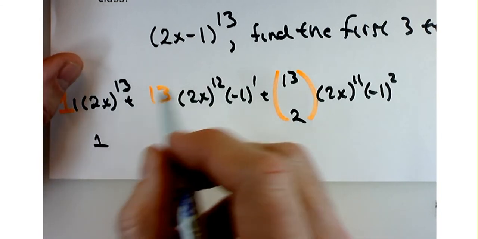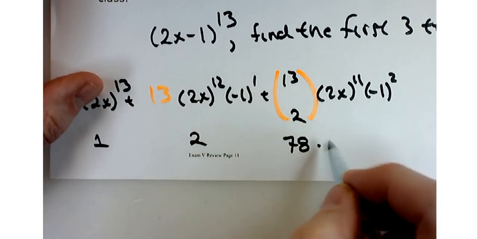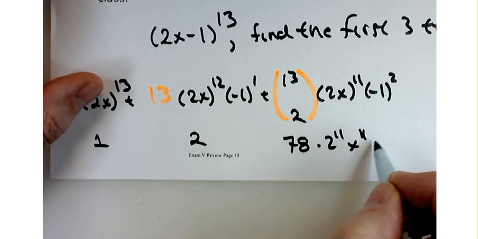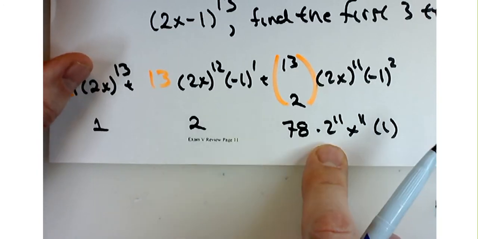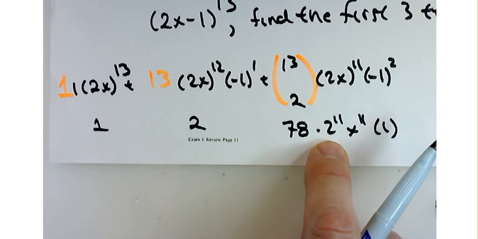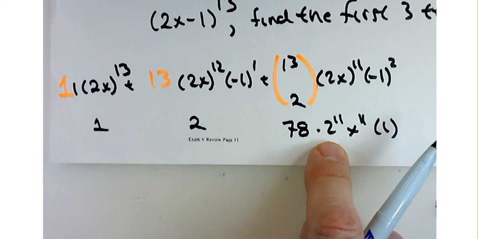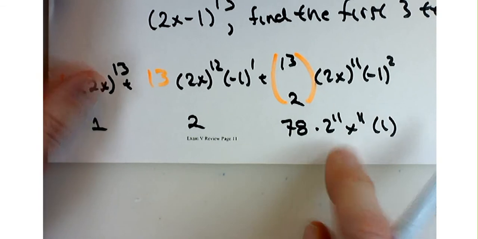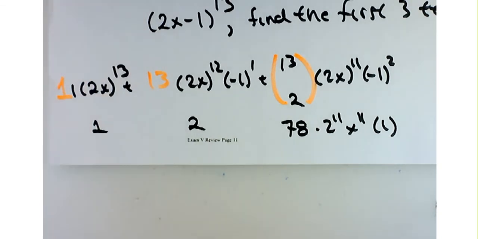So 12 times 13 divided by 2 gives you 78 times 2 to the 11th, x to the 11th, negative 1 squared is just 1. So I'm not really interested in making you write out 2 to the 11th, which I think is 2048 times that. The idea is that you just be able to expand it like this.